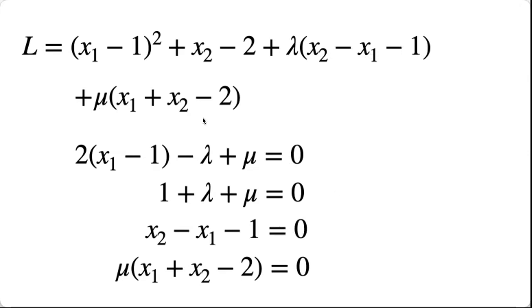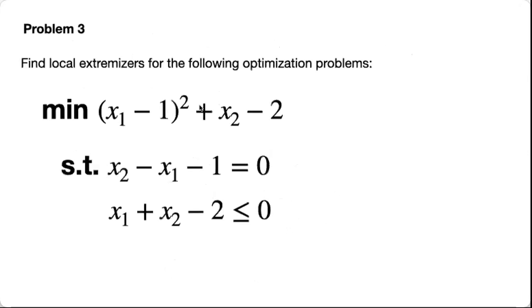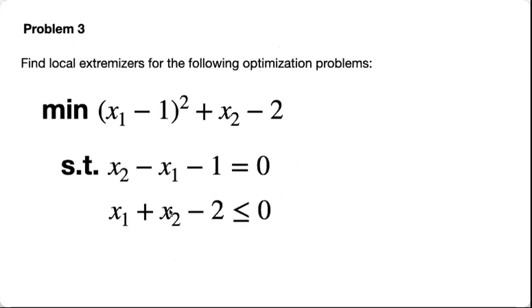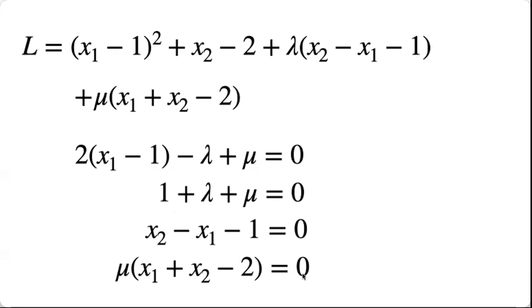And for the other term, it's an inequality constraint, so we need the KKT condition: mu times this term must be 0. This is how we set up the KKT condition.